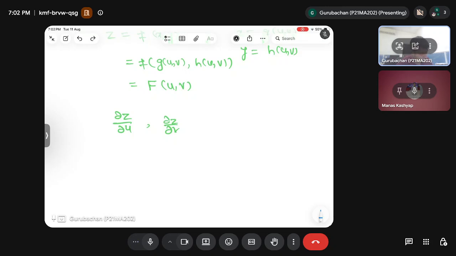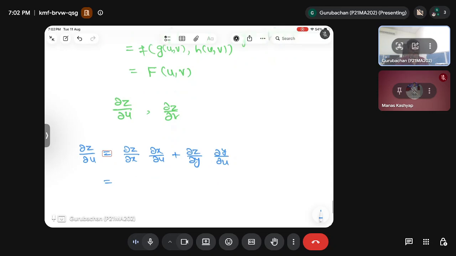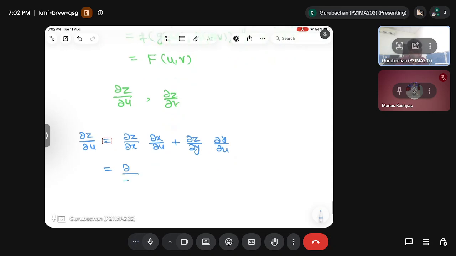So del z by del u, so it will be del z by del x into del x by del u, plus del z by del y into del y by del u. So what is the value of z? So for the first time we are writing it properly.